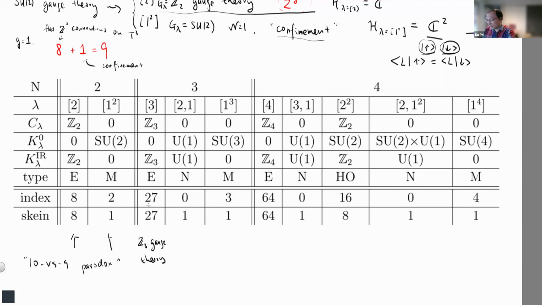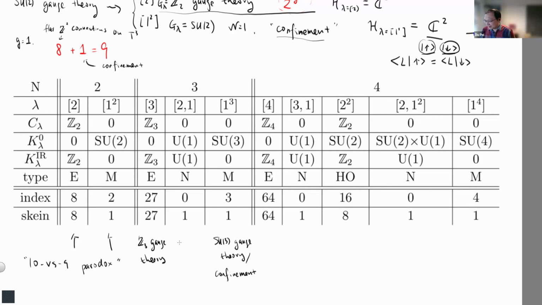The contribution to both is 27. For this, that would be an SU3 gauge theory with confinement. So in the infrared, one doesn't see the gluons. If you have really low energy, you will not be able to see the gauge theory. And the vacuum now has 3 states, but again, the skein module only sees one of them.